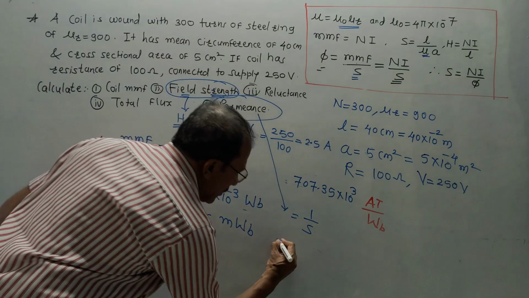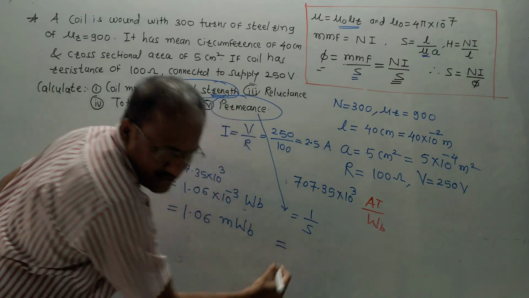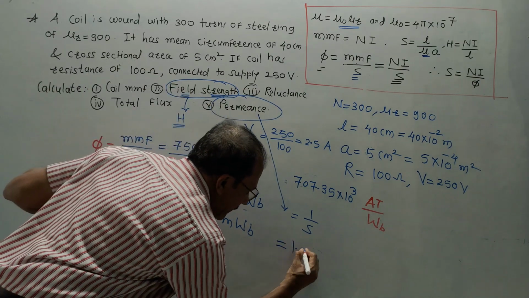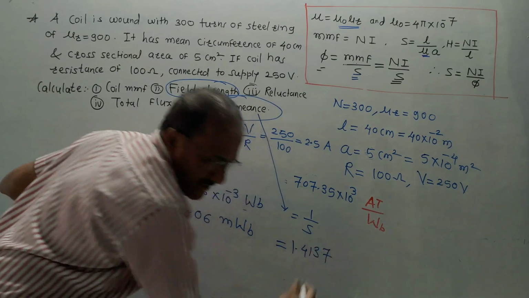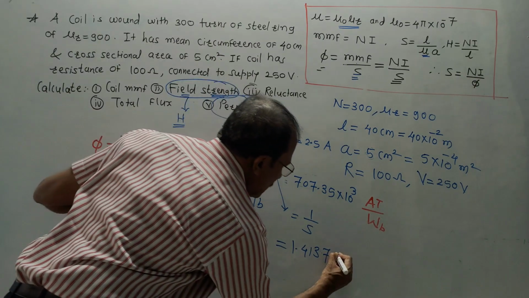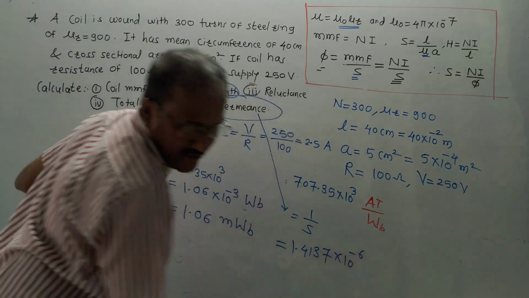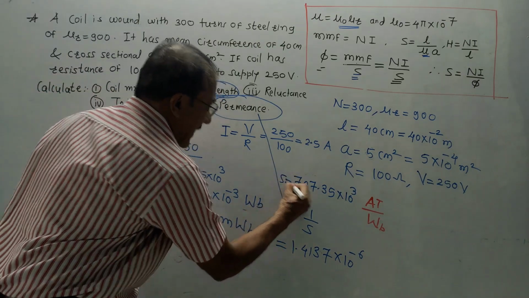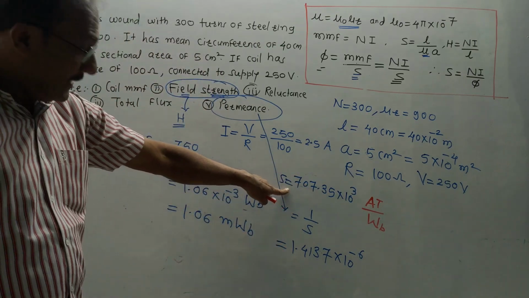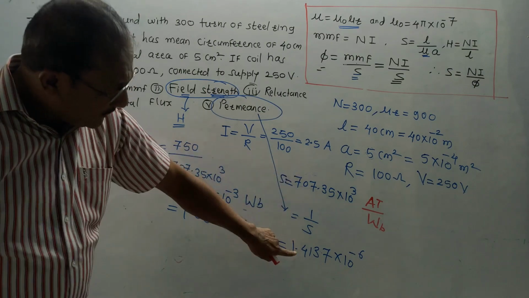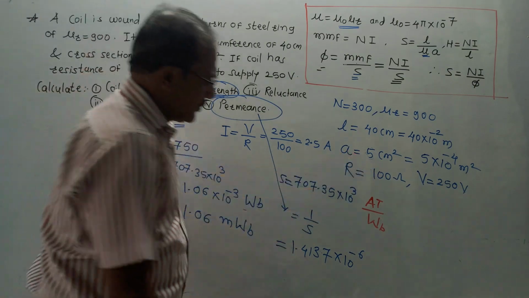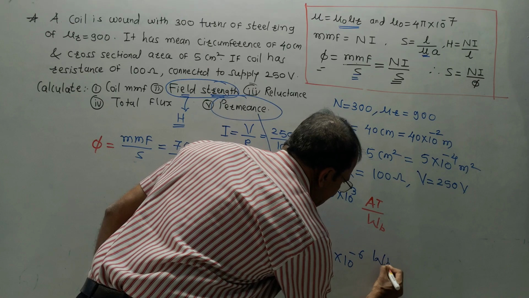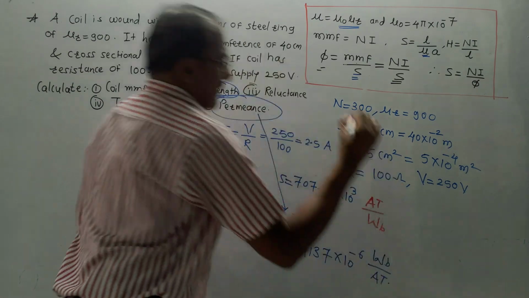Just put the value. So the answer of permeance will be 1.4137 into 10 raised to minus 6. What about the unit? Very simple. This is the value of S, that is the value of reluctance. I am taking the reciprocal of this. Take reciprocal of units, so the unit is Weber per ampere turn.